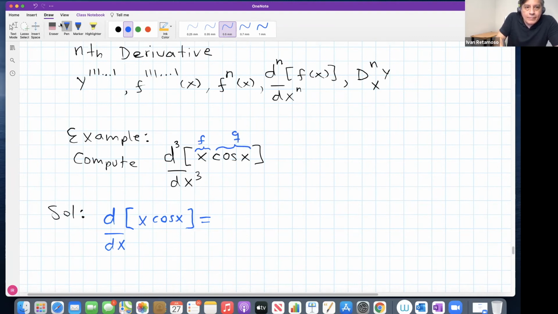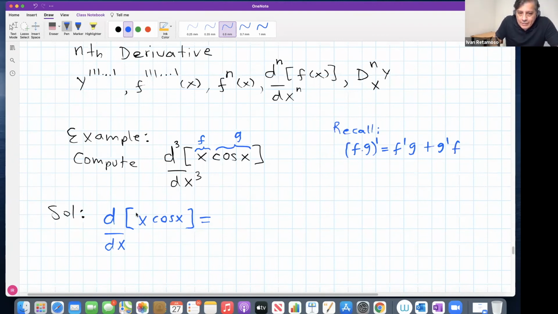So we have to take the derivative of this. Recall here, the product rule says the derivative of f times g equals f prime times g plus g prime times f, right? So let's do that. This is f, this is g, right?